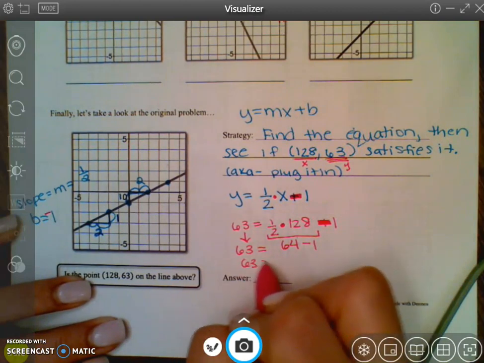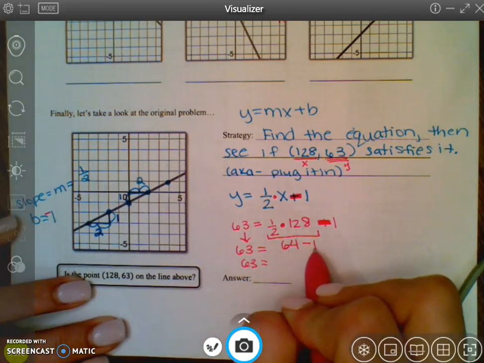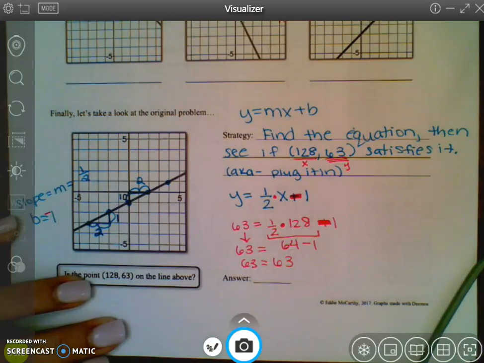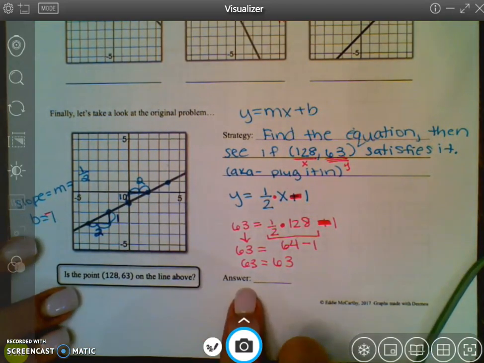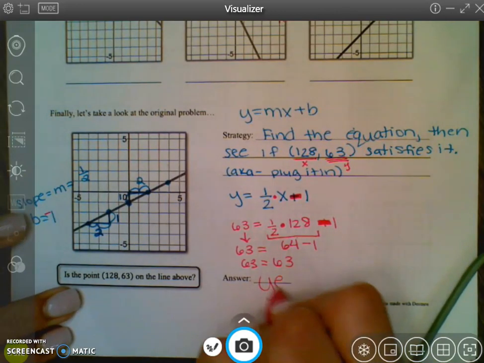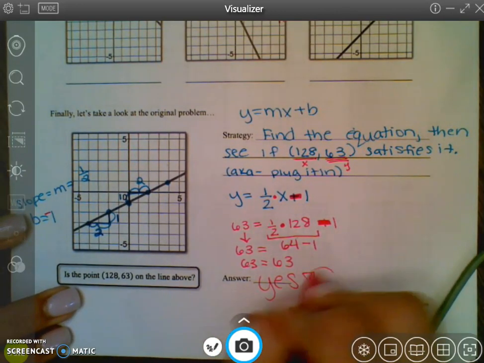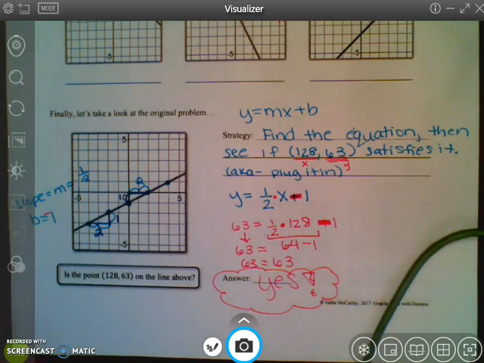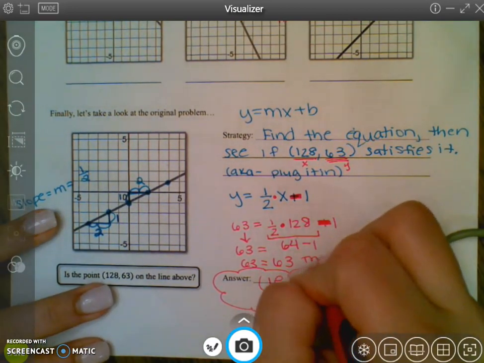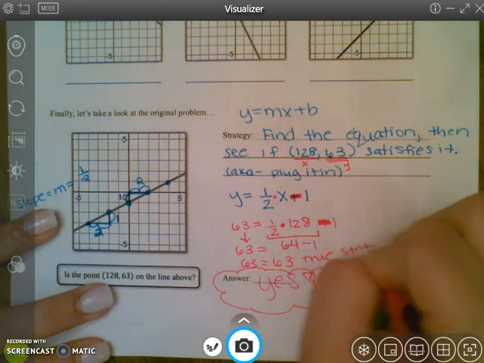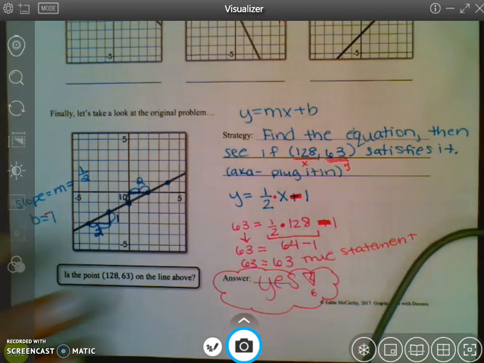So 63, bring that down again. 64 minus 1 is 63. So is this point on the line above? Your final answer is yes. It's yes because 63 equals 63. This is a true statement. I know we haven't talked about this in a while, but remember, it's a true statement. It's the same exact number.